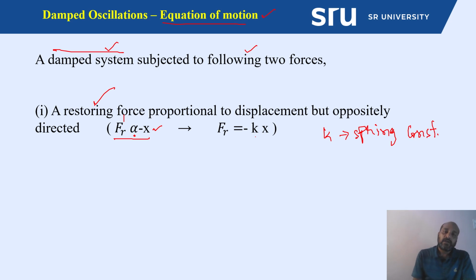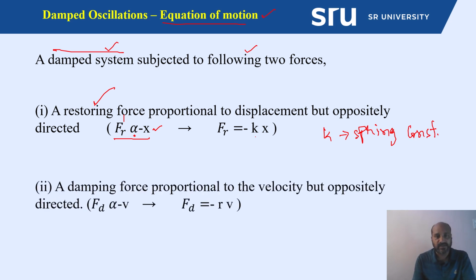And the second force is the damping force, and this damping force is proportional and opposite to the velocity. So that Fd is equal to minus Rv, where R is the damping constant. Both together are responsible for this type of oscillation.